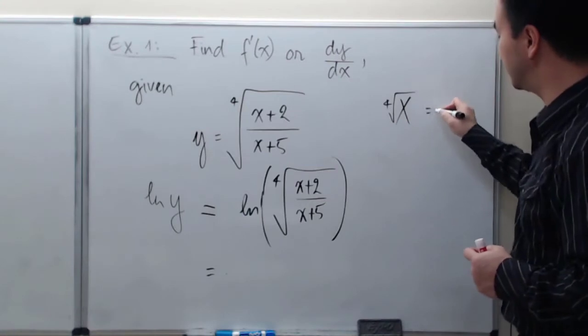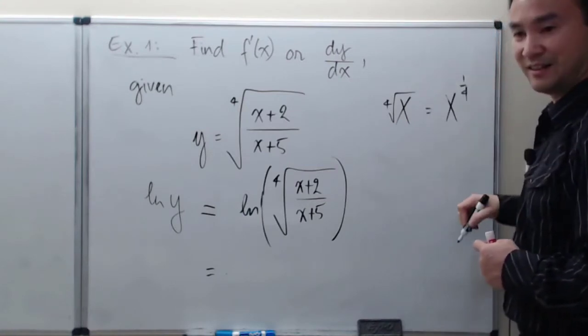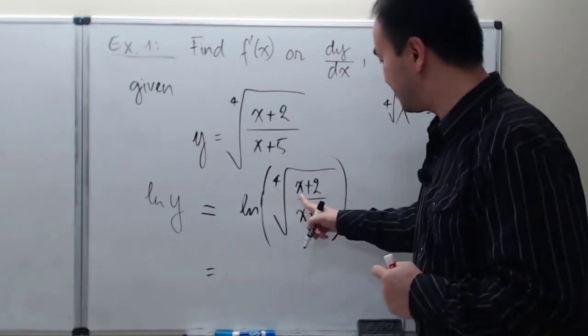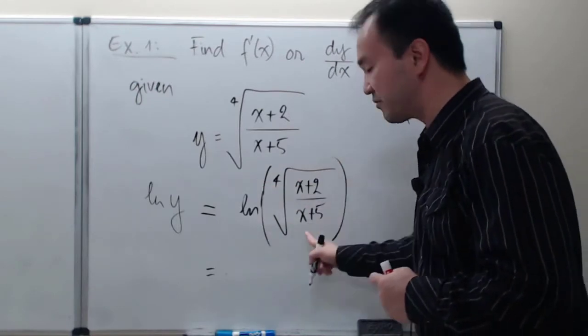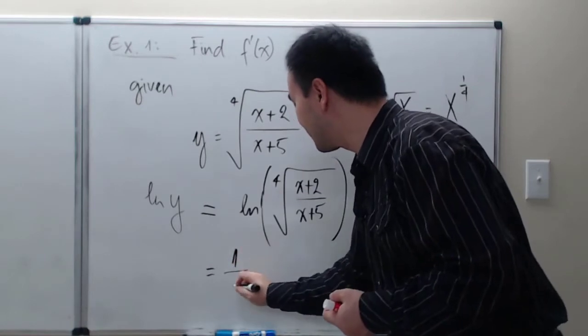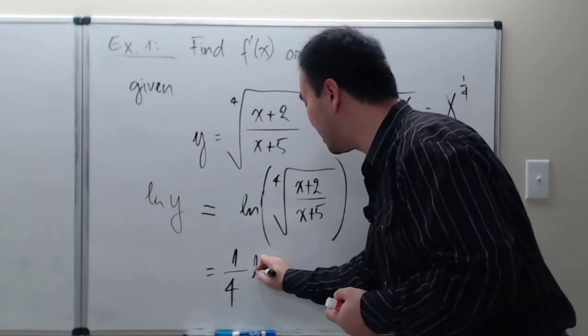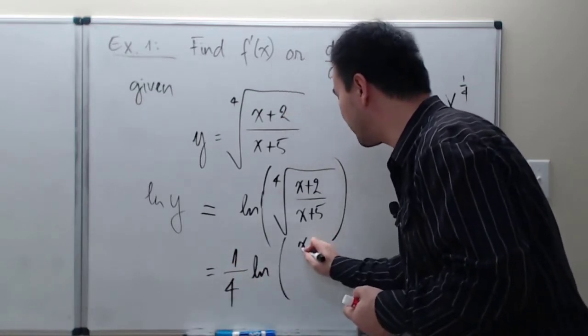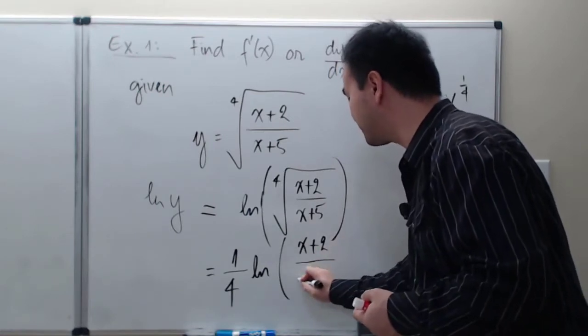Whichever expression is under the fourth root is to the power 1/4. Okay, and so the logarithm now can turn that, with properties of logarithm, and this is before derivative, into a 1/4 multiplied with the logarithm of a quotient. So now the fourth root is gone.